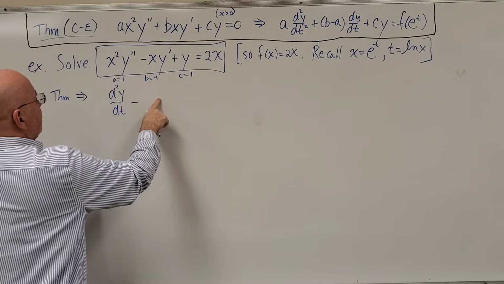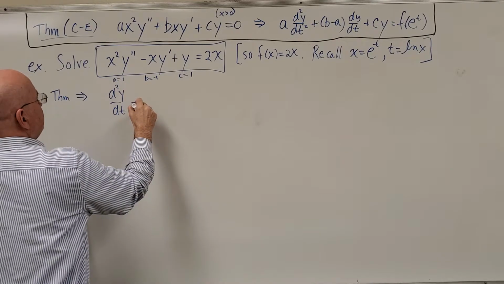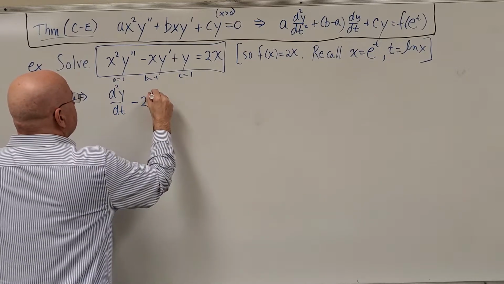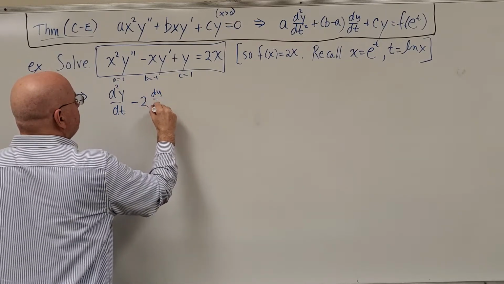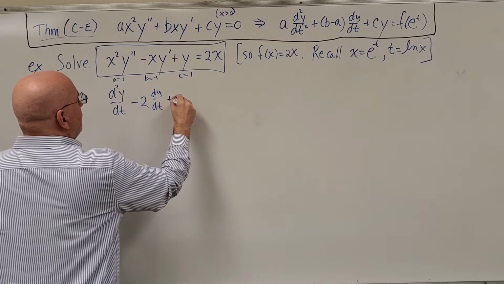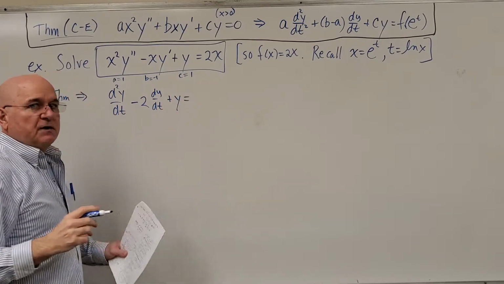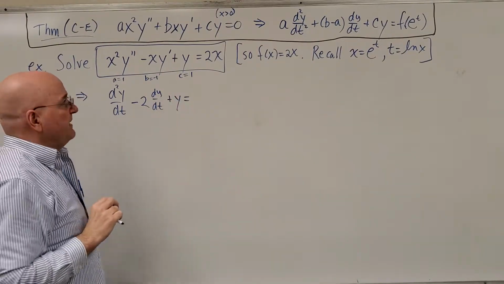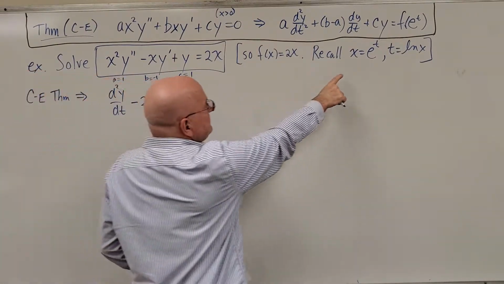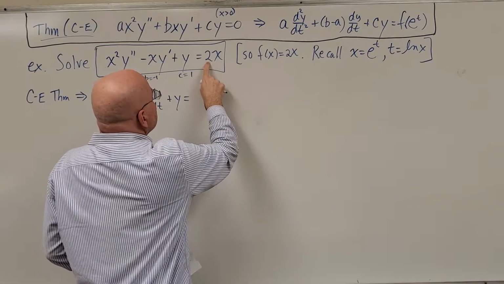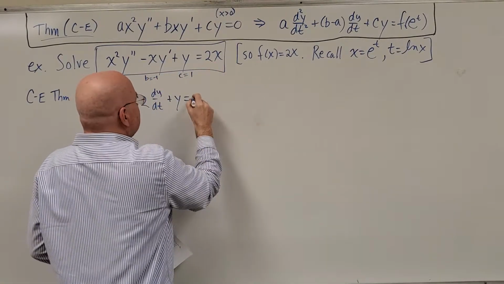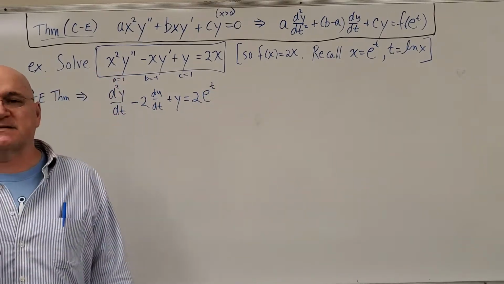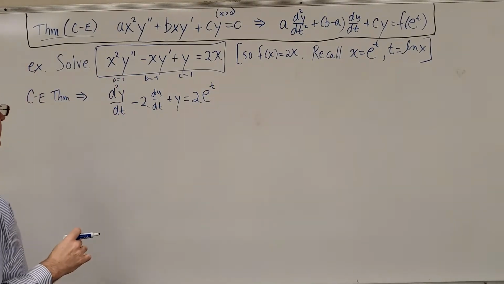This is b minus a, so it's going to be -1 minus 1, which is a -2 dy dt, plus y equals, not 2x. We're done with x's for the time being. x is e to the t, so 2x is 2 times e to the t.